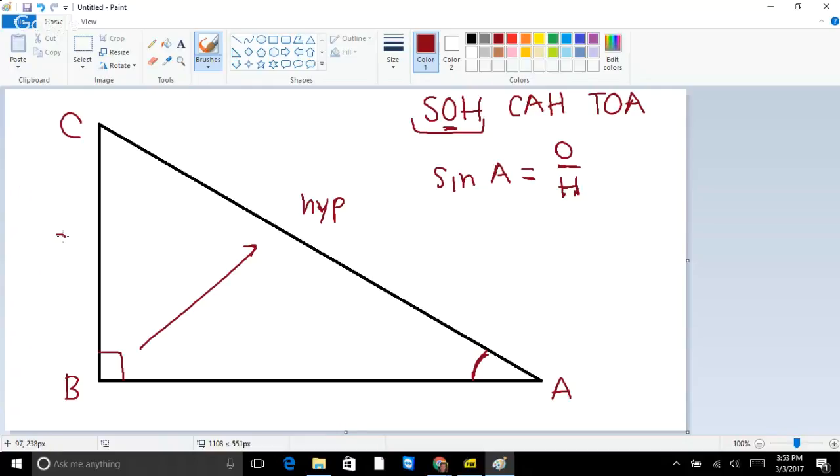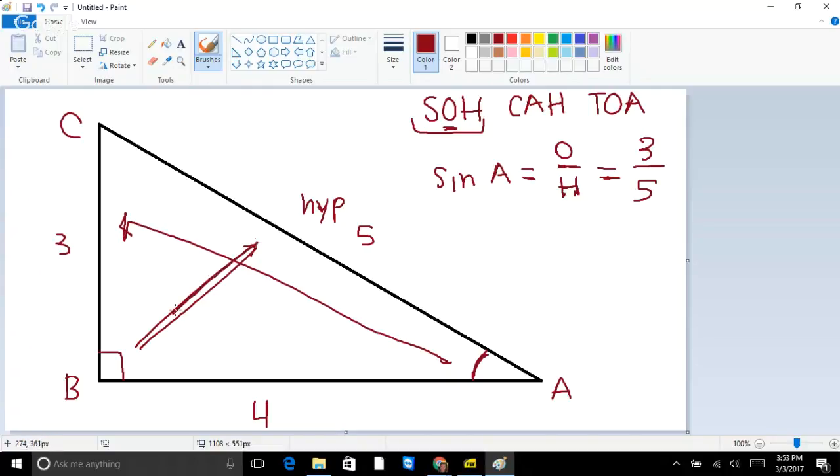Let's make it a 3, 4, 5 triangle. If we wanted to find the sine of angle A, we're going to go for the opposite side. The side is 3, and the hypotenuse is 5, because the hypotenuse is always the side that's across from the right angle.